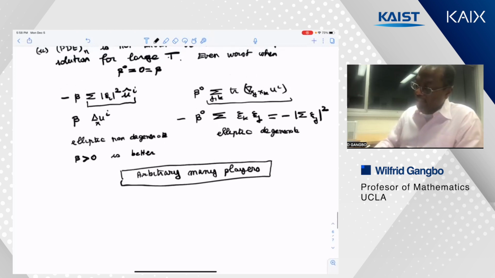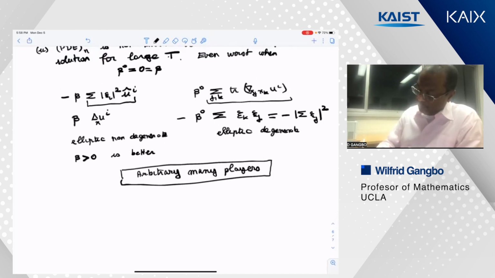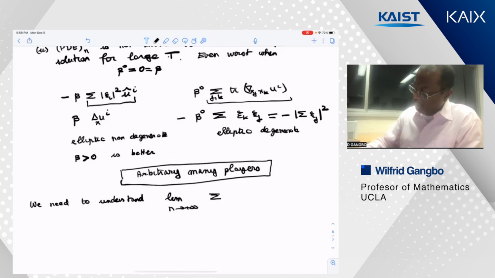So we need to understand the limit when n goes to infinity of the sum over i from 1 to n of the Laplacian with respect to S_i, and the limit when n goes to infinity of the sum over j, k of the trace of gradient S_j, S_k.